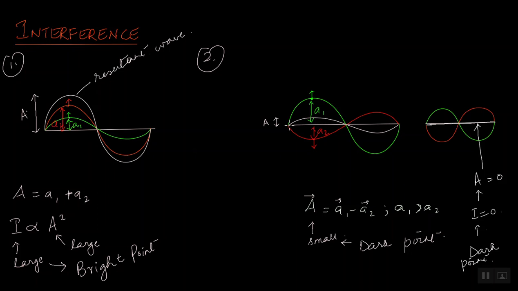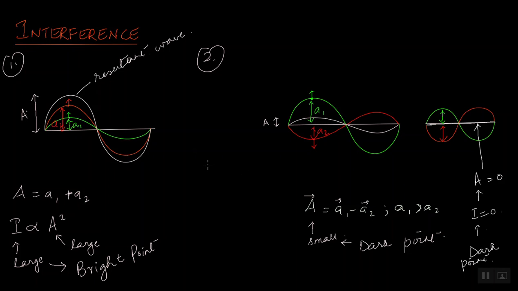But if they coincide like this, the crest of one coinciding with the trough of the other, then the amplitude of the resultant wave will be small. And if the amplitude is small, intensity is small, and that gives you a dark point. In this case, if suppose the two amplitudes are equal, let's say this amplitude here, the distance from here till here is equal to the distance from here till here, then in that case A will be 0. A will be 0 means there is no amplitude, so there I will be 0, and you get a perfectly dark point.